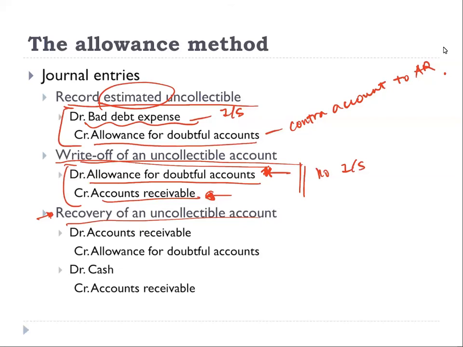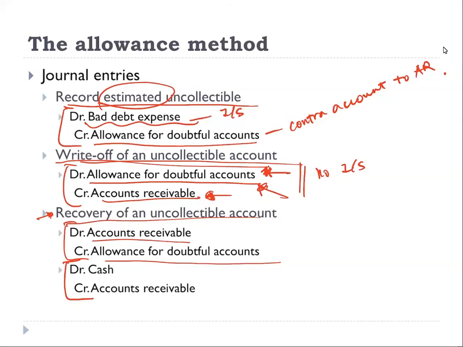This means that our previous write-off was wrong. So we need to reverse this journal entry by debiting accounts receivable, crediting allowance for doubtful accounts. At the same time, because we receive cash, we debit cash, credit accounts receivable.